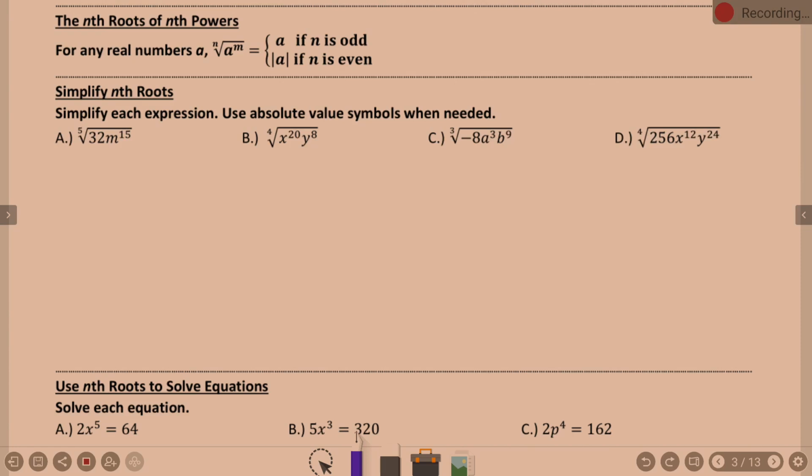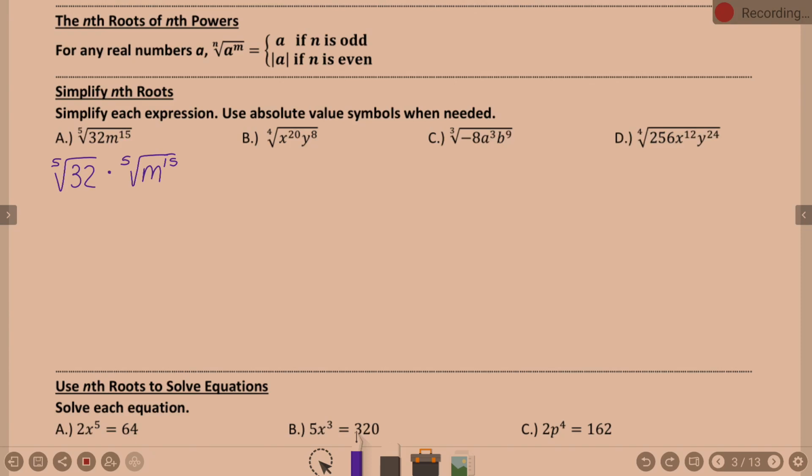It's a fifth root, it's odd, so that means I won't have to consider absolute value at the end. Let me break this up into two pieces. I'm going to rewrite this as the fifth root of 32 and the fifth root of m to the 15th. I'm not saying you have to rewrite it as two pieces. I'm just trying to help here.